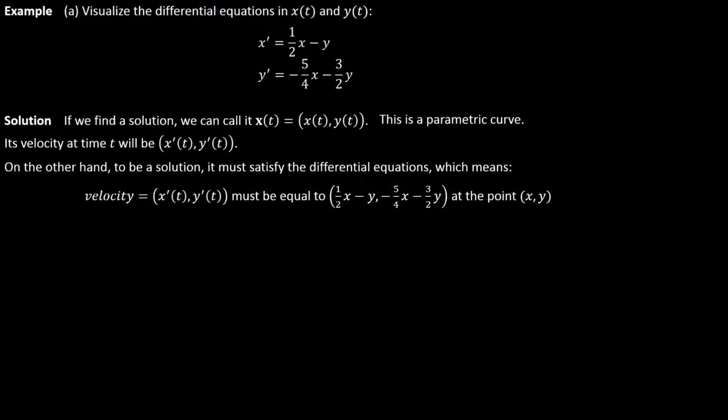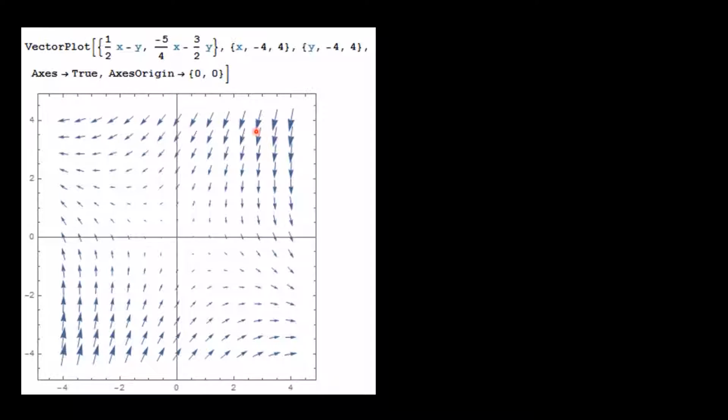So this is a visualization in terms of velocity. I'm saying that we know what the velocity ought to be at any point, and so we can represent it with a vector, and what you have is a vector field that says what your solution's velocity has to be at any time t.